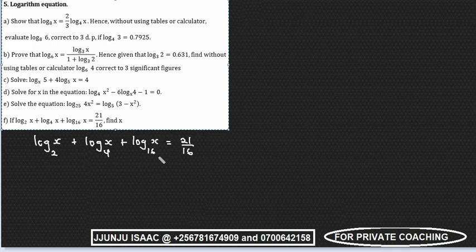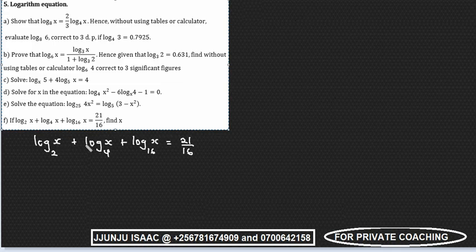Different bases, but you can see 2, 4 and 16. This should give you a hint that you need log base 2, because 2 is a common factor. Here we can get 2 squared, here 2 power 4, and we end up simplifying it if we introduce log base 2.